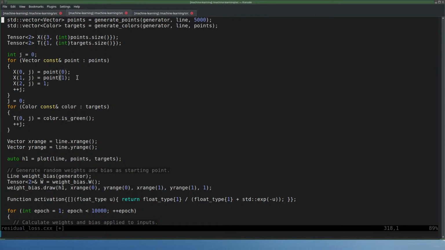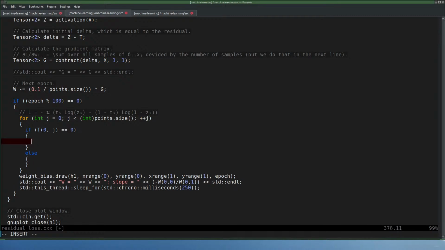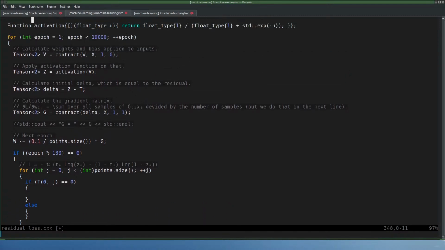Let's define that. Rather, I have to calculate z.